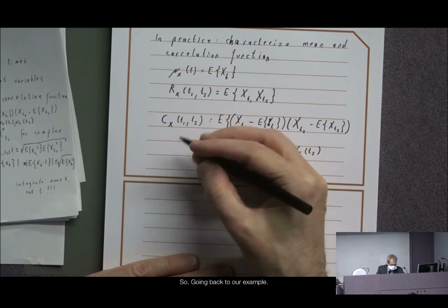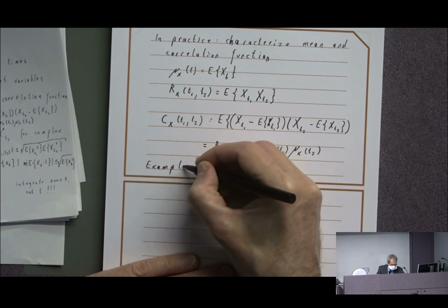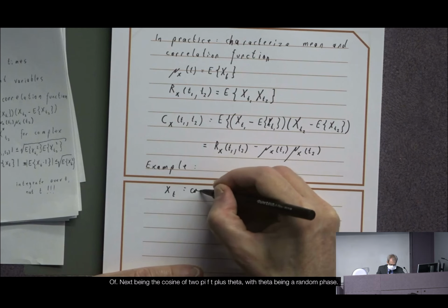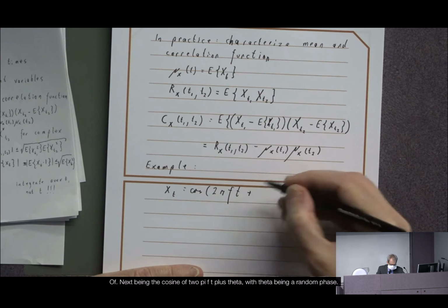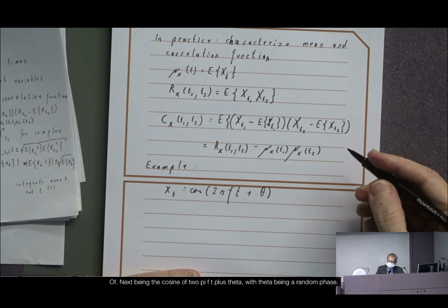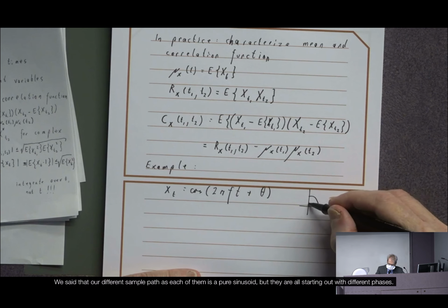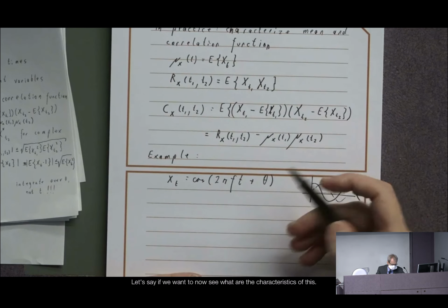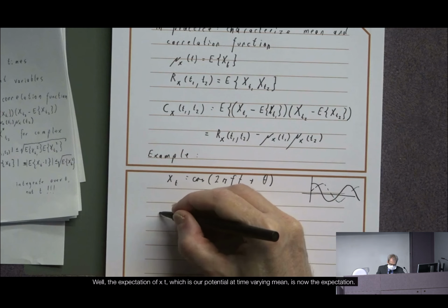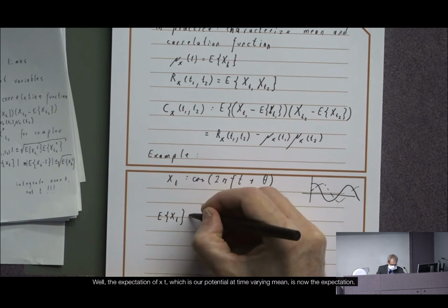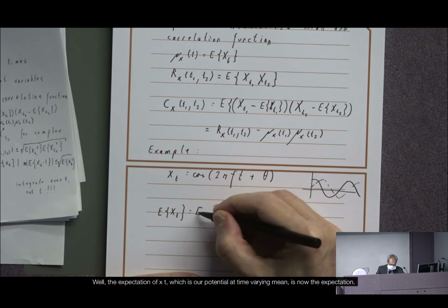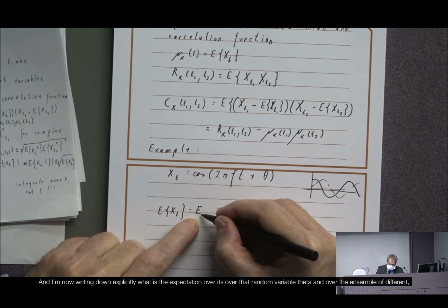So, going back to our example of x(t) being the cosine of 2 pi f t plus theta, with theta being a random phase, right? We said that our different sample paths, each of them is a pure sinusoid, but they're all starting out with different phases. And so if we want to now see what are the characteristics of this, well, the expectation of x(t), which is our potentially time-varying mean, is now the expectation, and I'm now writing down explicitly what the expectation is over.